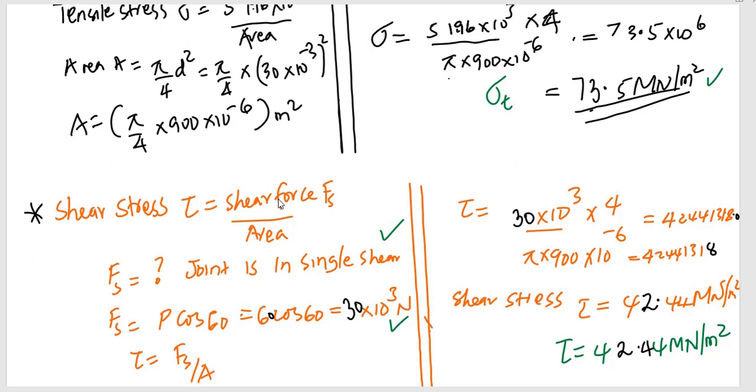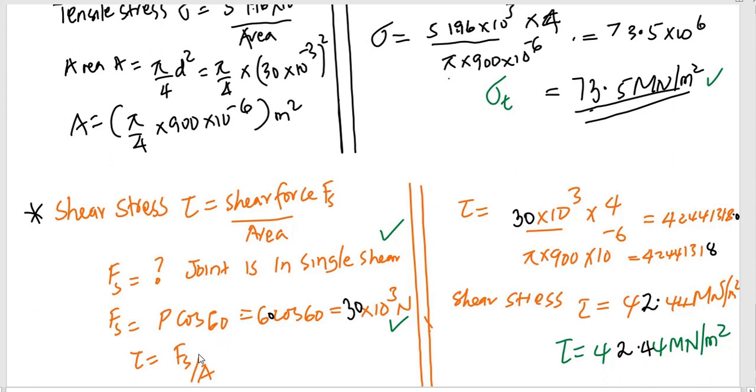The shear stress is equal to shear force out of area. Now area, we know it already, but let us look for the shear force. The shear force is obtained by resolving P with the angle of 60. So we are resolving it along where the joint is lying, because that's where the shearing is going to take place.